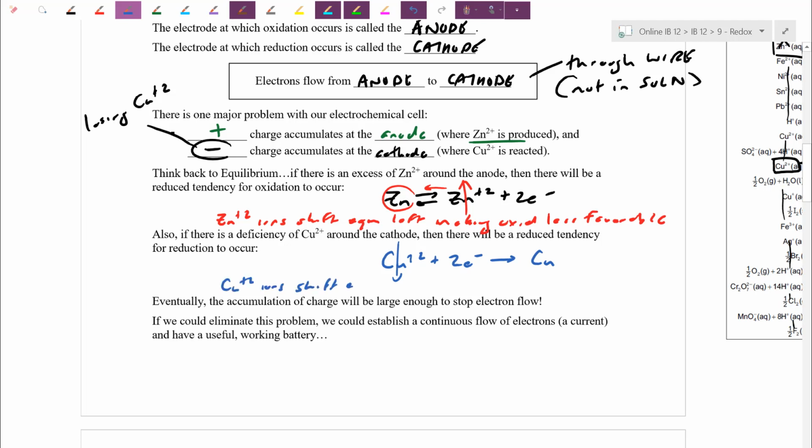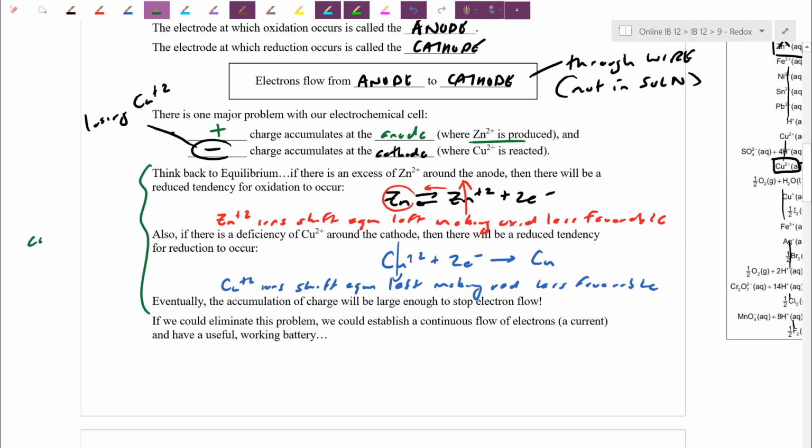They're going to shift the equilibrium also left based on the way I've written it, making the reduction also less favorable. So far as I pitched it here, the half reactions look good. We found the better reducer and the better oxidizer, but nothing's going to happen because both sides are at risk of accumulating charges.